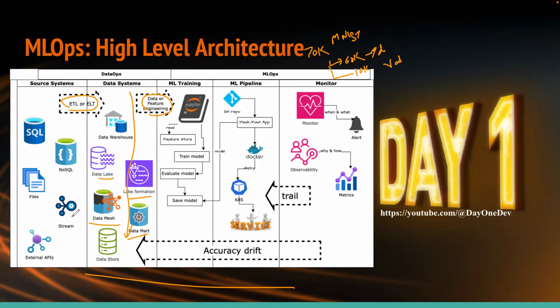All this can happen with SQL data, NoSQL data, files, streaming, and external APIs. You tune it and keep your data here. And when you're passing this to the model, we do feature engineering or use what we call a feature store, where we keep the data. So all this is important for your machine learning.